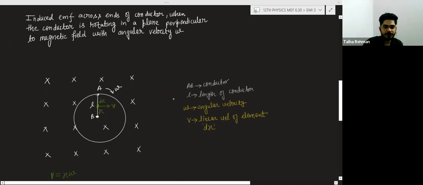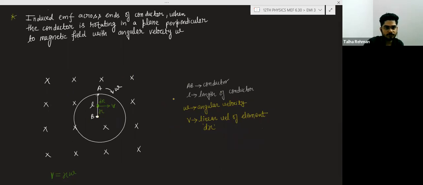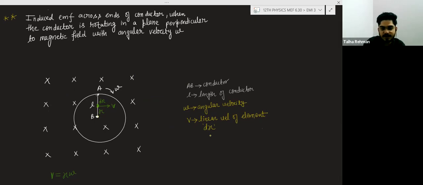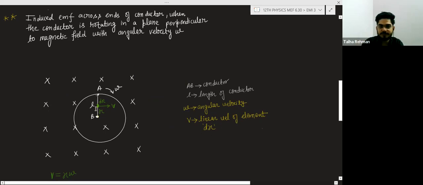This derivation is important, okay? And what is this dx here? dx is the small element of this wire AB. We have done these things many times.